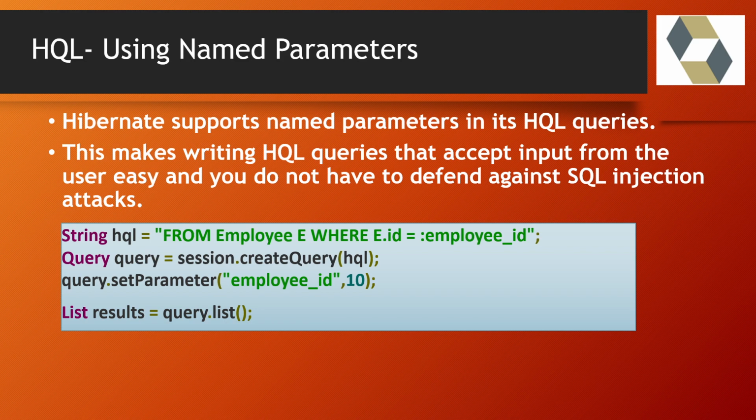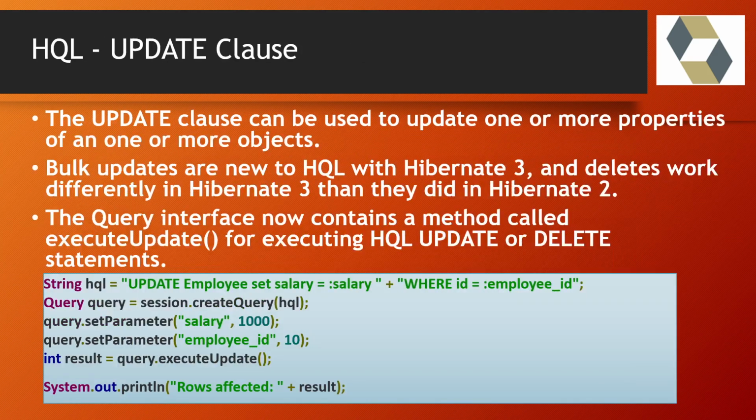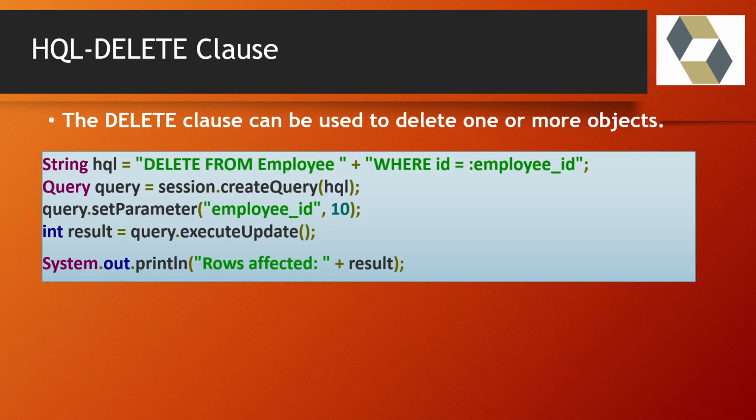But when you're performing DML operations, it will be query dot execute update. Similarly for delete also. Delete from employee, we are passing the parameter. Here we just say query dot execute update.